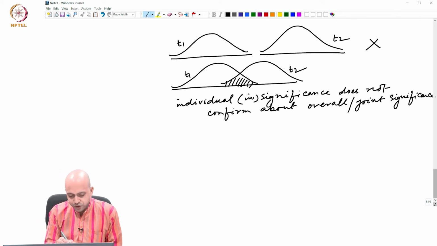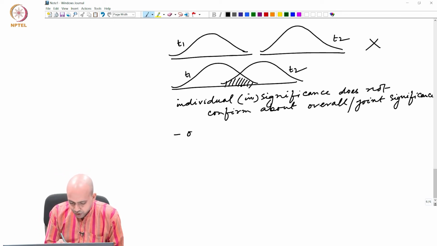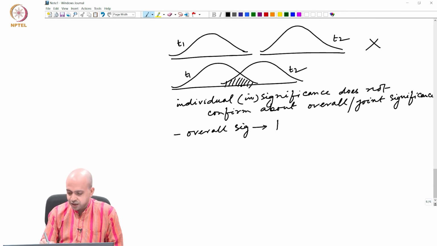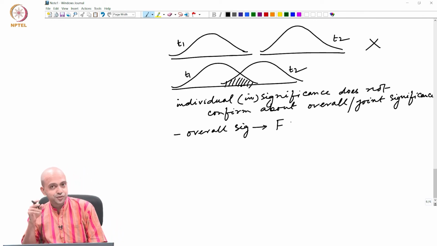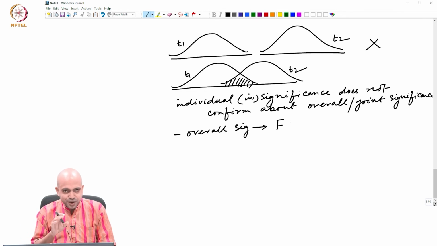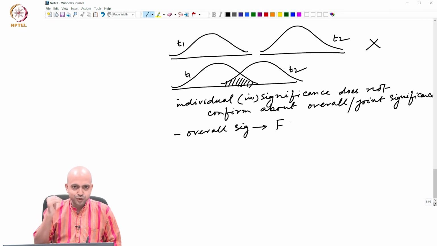For overall significance we need a different statistic, and that is F. If you recall, initially we said that when you estimate the model, the data will supply two different types of statistics, one is T, another one is F. When you have only one explanatory variable in the model, we cannot distinguish the roles of T and F. But in the context of a multiple linear regression model, their roles are different.